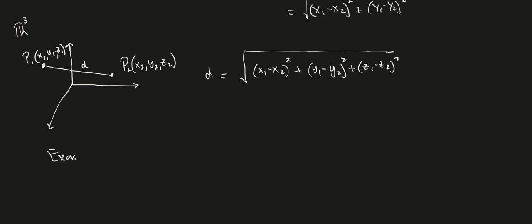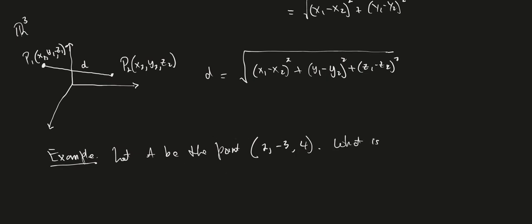So here's a little example. Let A be the point, and let's say it's 2, -3, 4. And then we're going to ask some distance questions about this point.